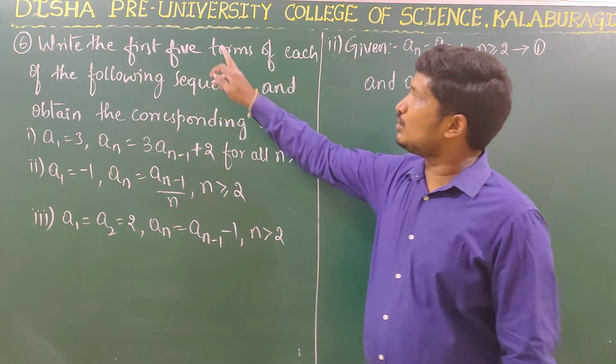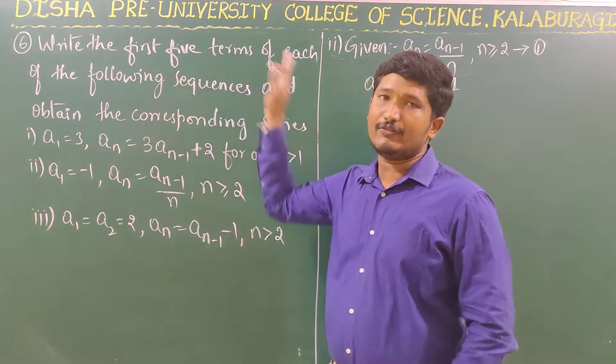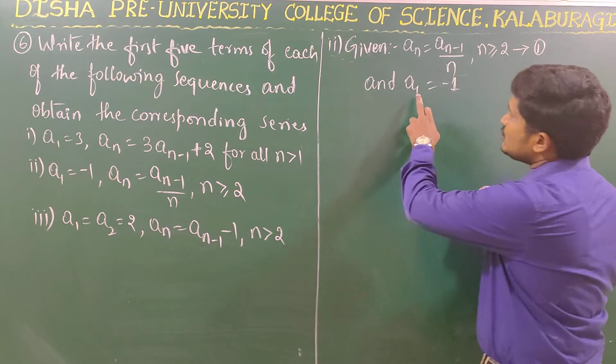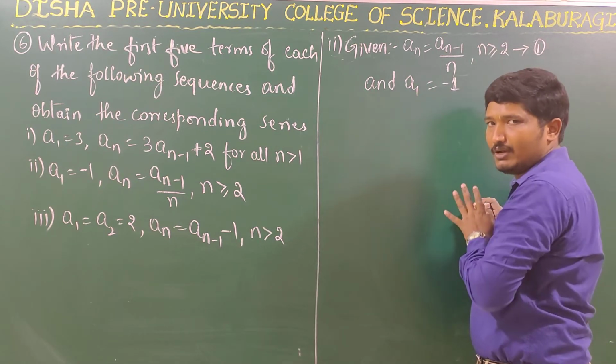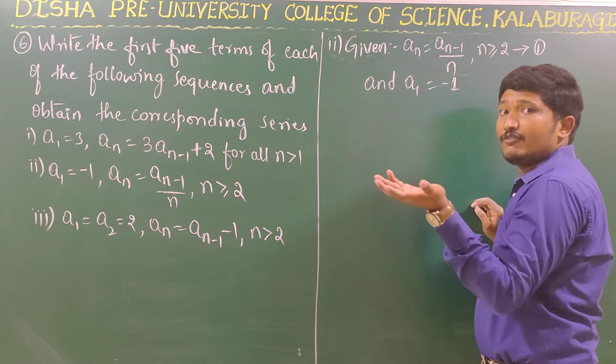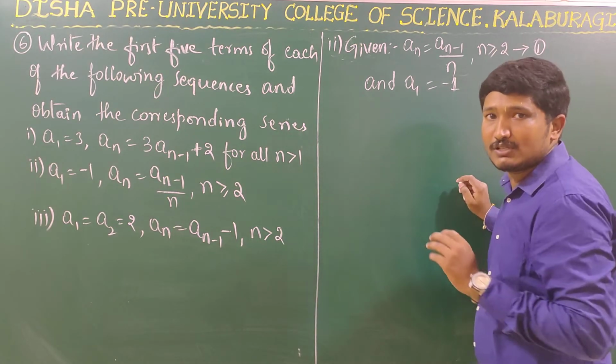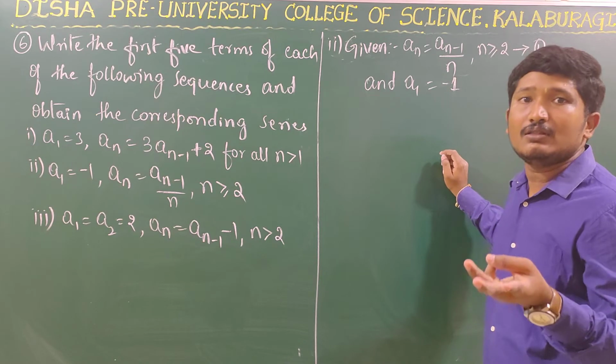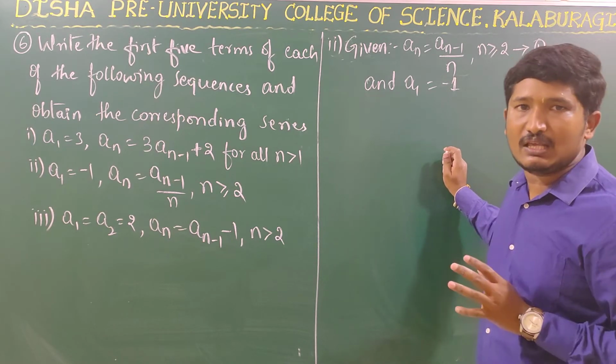So what we have to do? We have to find out the first 5 terms. As the first term is already given, we have to find out the next 4 terms of the sequence, that is the second term, third term, fourth term and the fifth term.